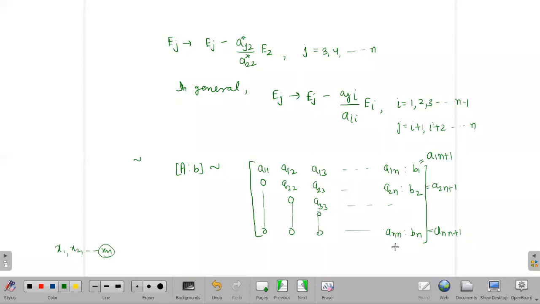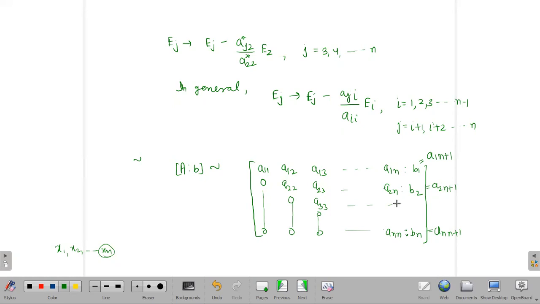So what is the procedure of backward substitution? Here you can see this is the last equation. If you remember, we have written the system of linear equations in matrix form, where a11 is the x1 coefficient, this is the x2 coefficient, this is the x3 coefficient, and this is the xn coefficient, equal to b1. Now our equation has reduced, so if I look into the nth equation, that is 0 into x1 plus 0 into x2 plus 0 into x3 and so on up to ann into xn equal to bn.